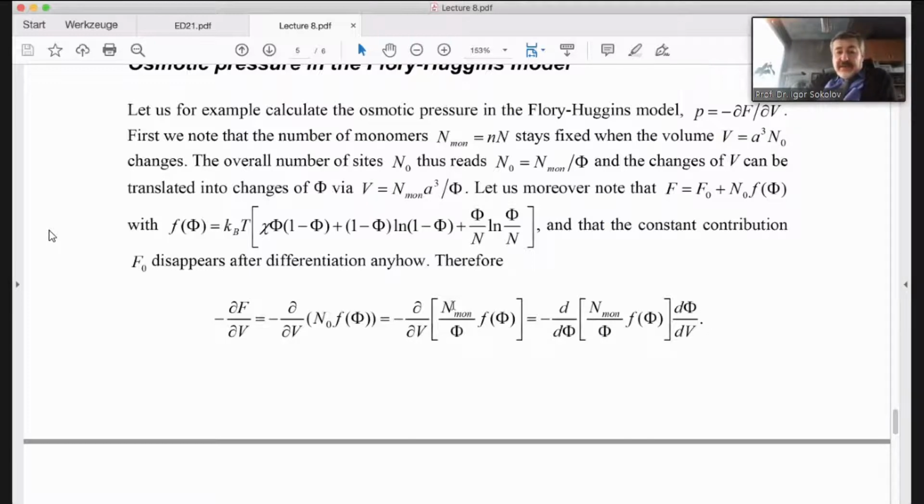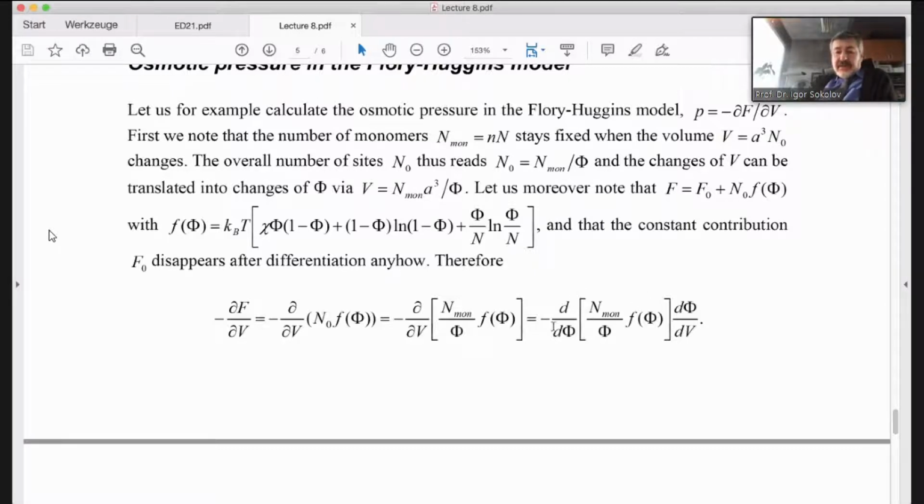So what I have, n0 is n monomer divided by phi, because it comes from the definition of phi. It's here. And d phi over dv. So it's simply a chain rule of differentiation of a composite function.